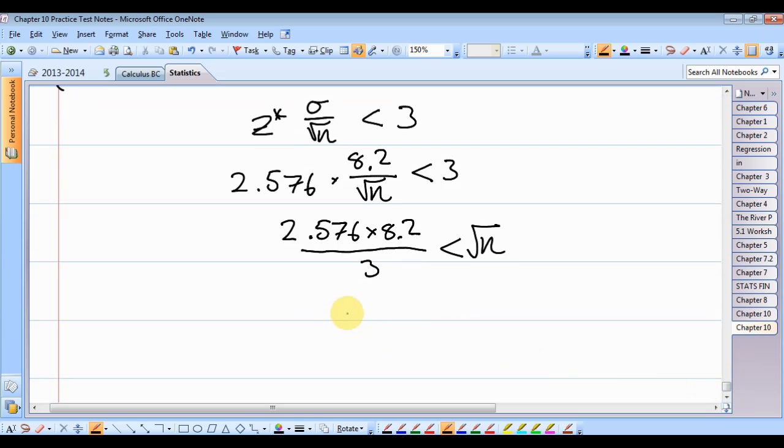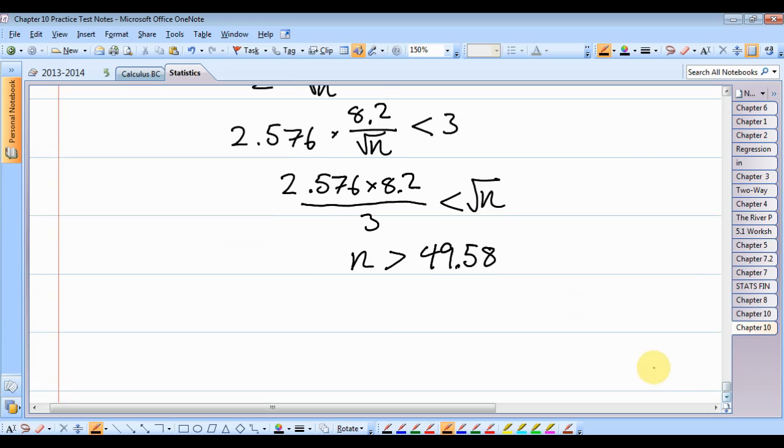And now we'll need some numbers. That's giving like 49. How much? 49.5.8? It doesn't matter, it needs to be a whole number.